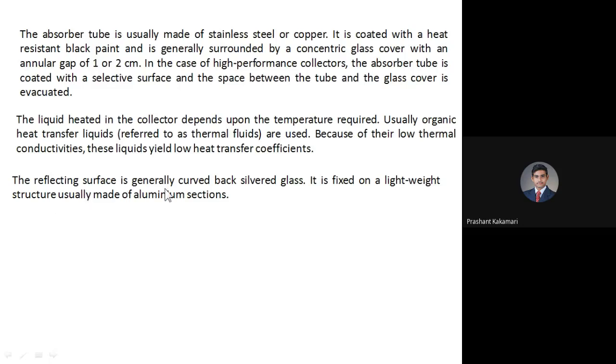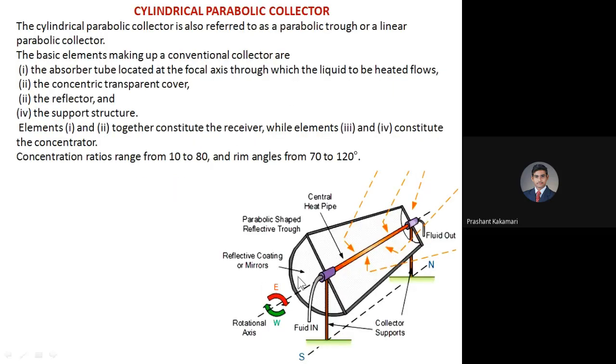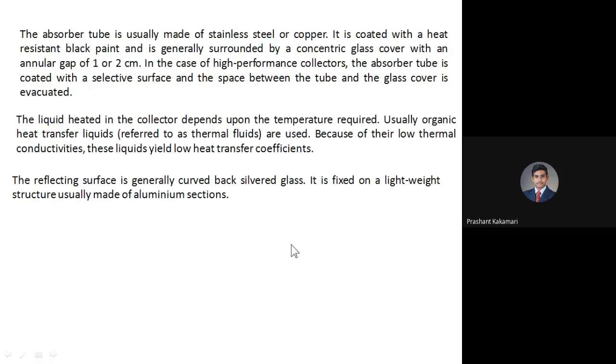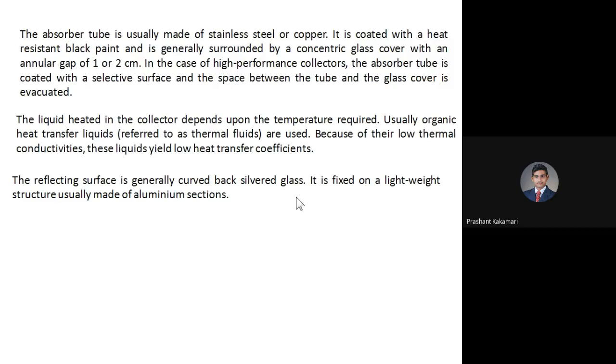Then the reflecting surface is generally called back silvered glass. What is the reflecting surface made of here? At the back side, to reflect the solar radiation, it is silver colored or some chemical coating is done on the back side.